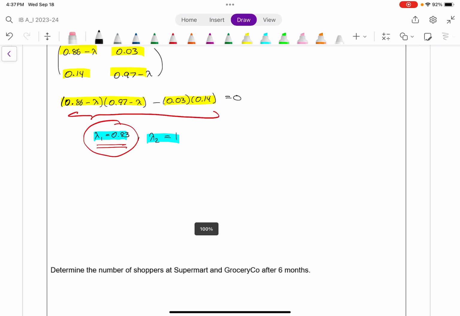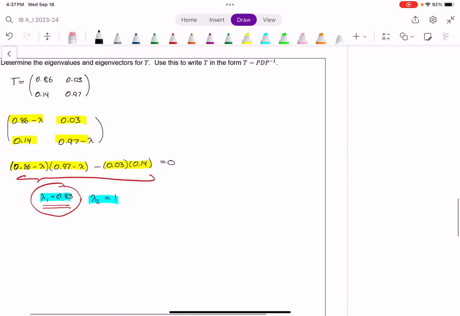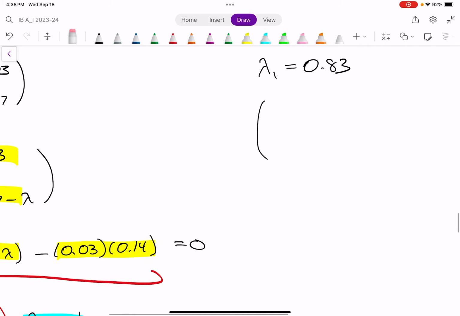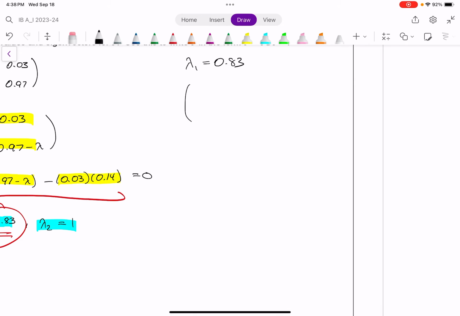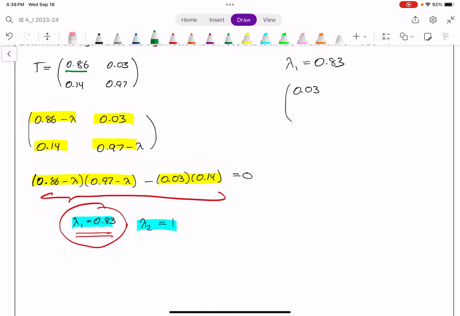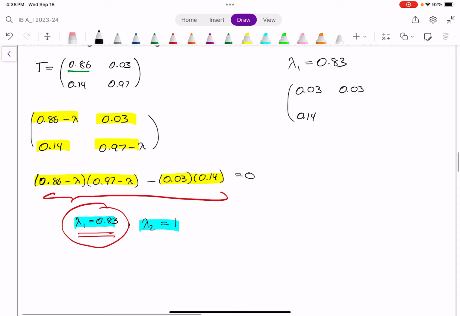So if I look at the eigenvalue 0.83, I want to start by taking my matrix here and from it subtracting 0.83 times the identity matrix, which is a bit messy, but shouldn't take you too long to get to 0.03, which again is just 0.86 minus my eigenvalue. This should be unchanged, this should be unchanged, and this should be 0.14.